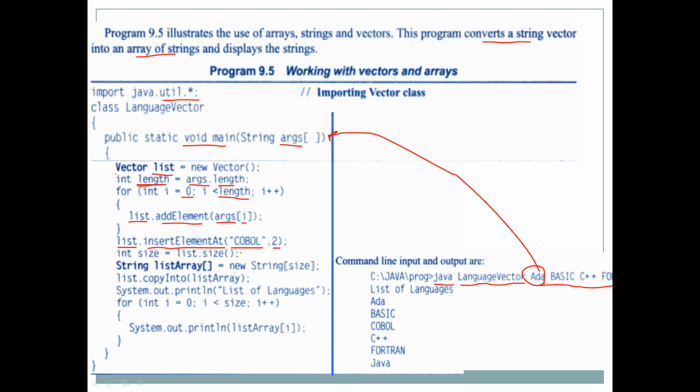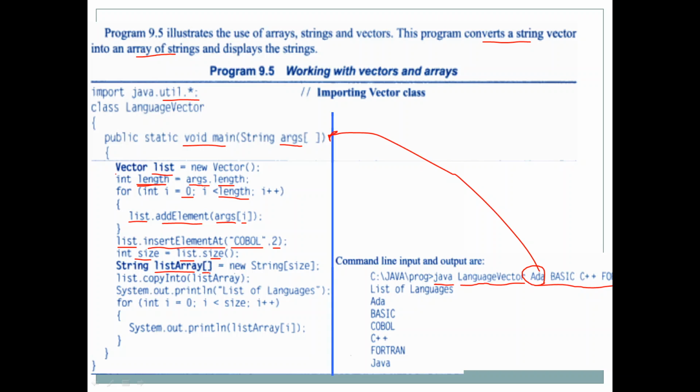After adding COBOL into it, we are again retrieving the size of the vector here. int size equals list, this is the vector variable, dot size, retrieving the size of the vector. And then we have created a string array here. String listArray, you can see the array brackets here.